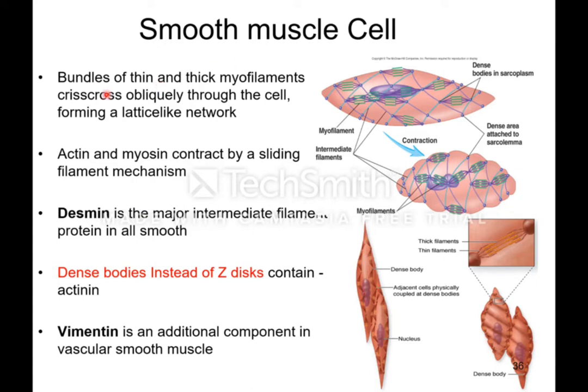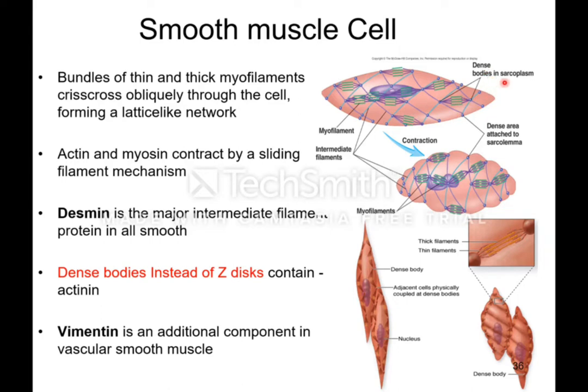In the smooth muscle cell, the bundles of thin and thick myofilaments crisscross obliquely through the cell, forming a lattice-like network. These thin and thick myofilaments join to structures named dense bodies that are located in the sarcoplasm.